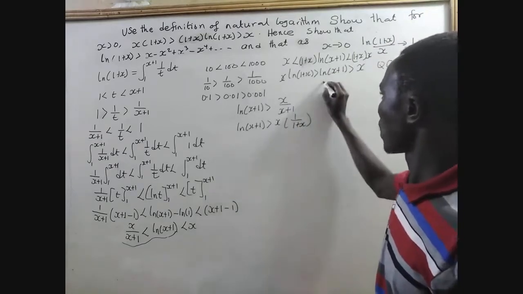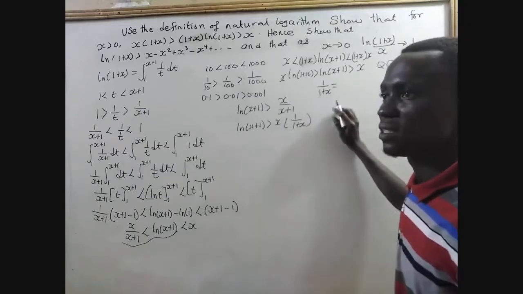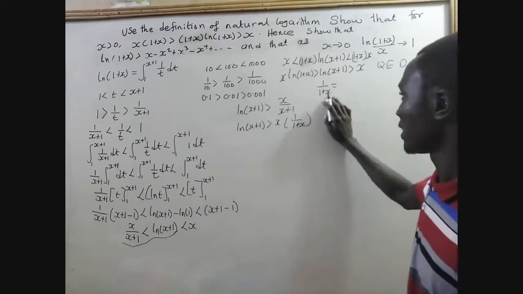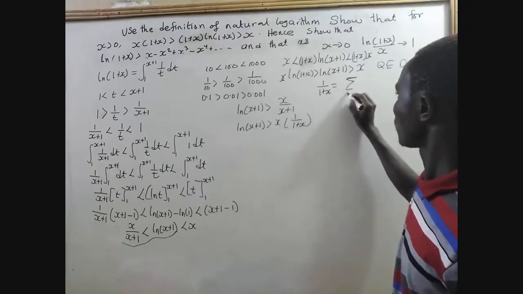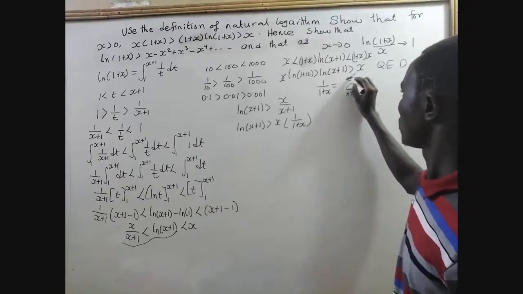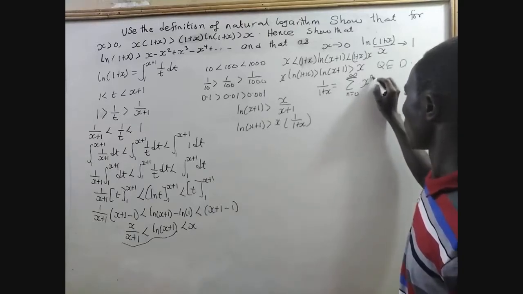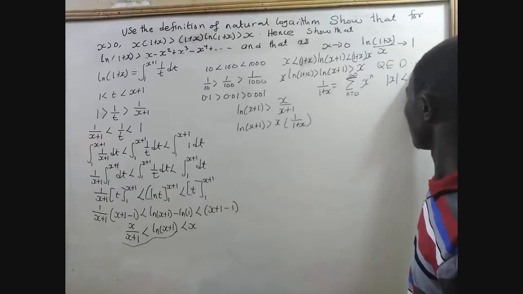And for this 1 divided by 1 plus x, we can use the power series to expand this. The power series expansion for this is the summation from n equal to 0 to infinity of x to the power n, where the absolute value of x is less than 1.